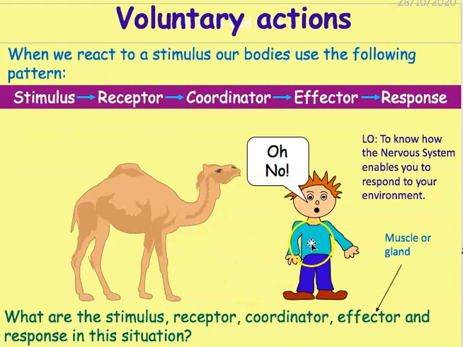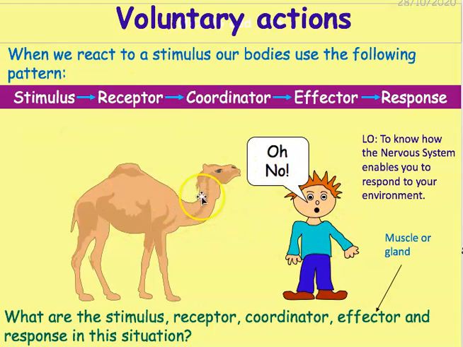So the object or the thing that you are going to respond to is called your stimulus. So if you could jot this down in your books, stimulus, receptor, coordinator, effector, response, and under each word we're going to write which part of the reaction we are talking about. So the stimulus in this case is the camel. Okay, so the camel is what Bob is going to respond to.